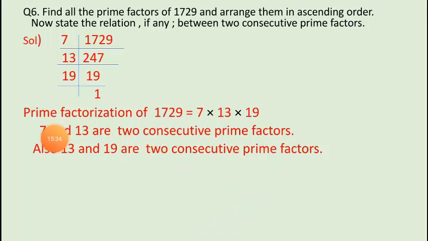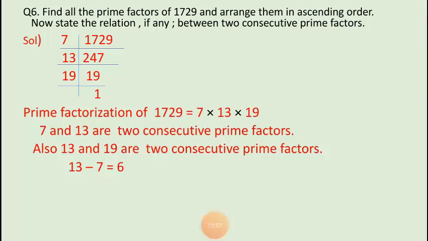Means when we talk about the prime factorization of 1729, when we take 7 and 13, they are the two consecutive prime factors. Even when we talk about this other factor, that is 13 and 19, they are also the two consecutive prime factors.